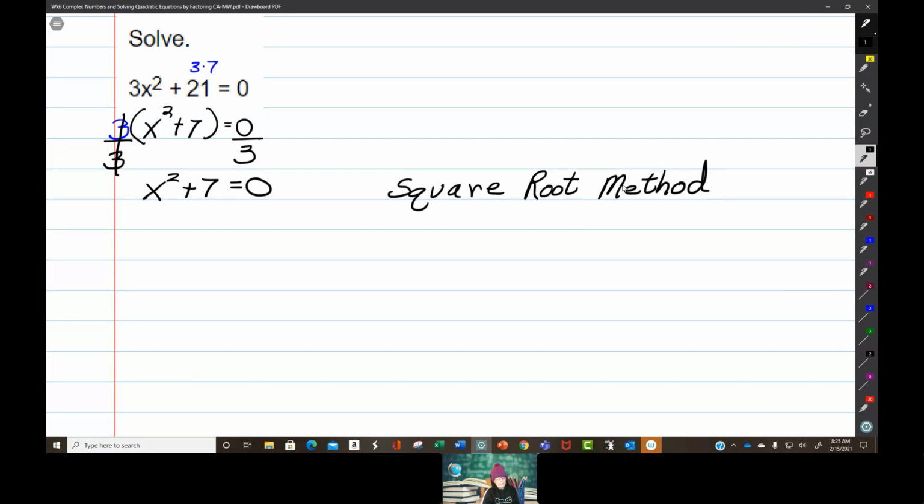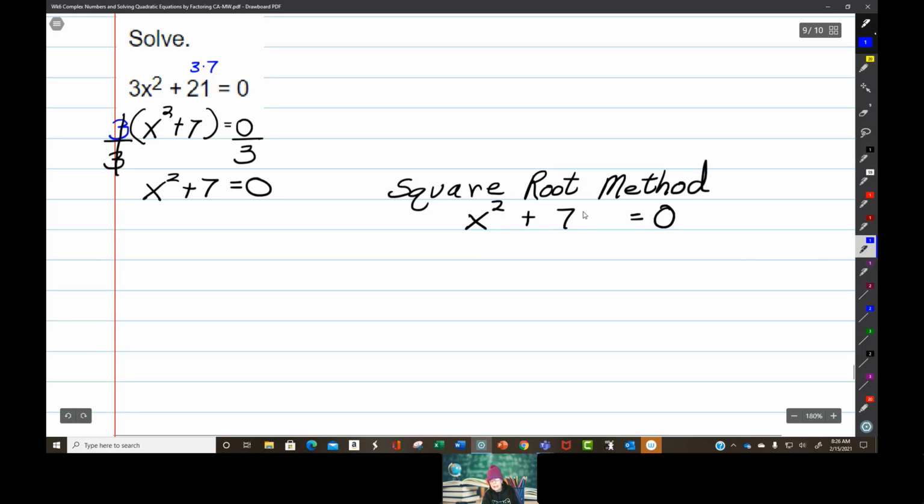So here we go. Let's move this over here. X squared plus 7 equals 0. The first thing I do, notice there's not just an x term there, a linear term. There's only the quadratic term and the constant term.